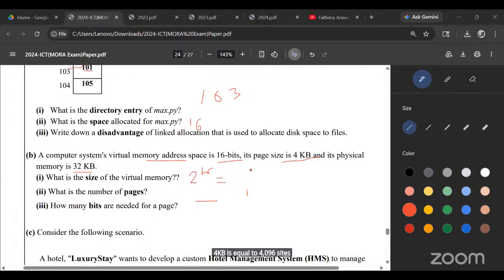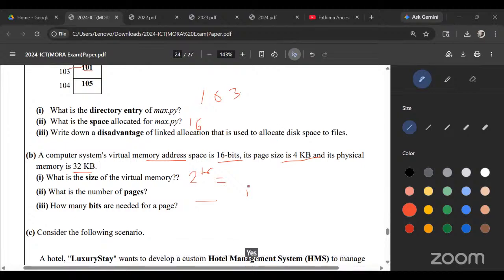You know that. In the power of 2, instead of finding the bytes value, 1 KB is equal to how much? 2 to the power 10, isn't it? Guys, I'm saying KB, not MB or anything, note that 1 KB is equal to 2 to the power 10.